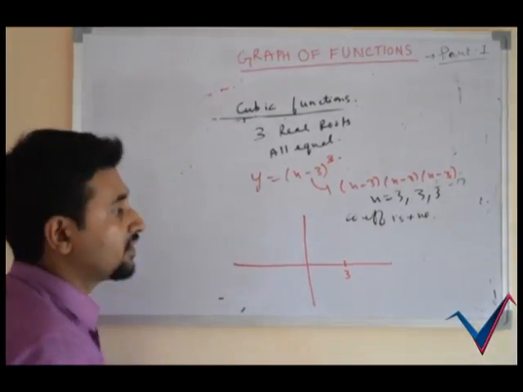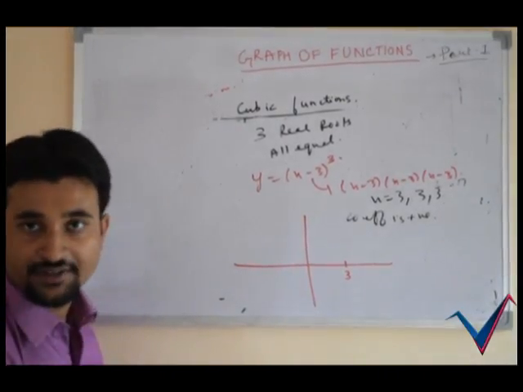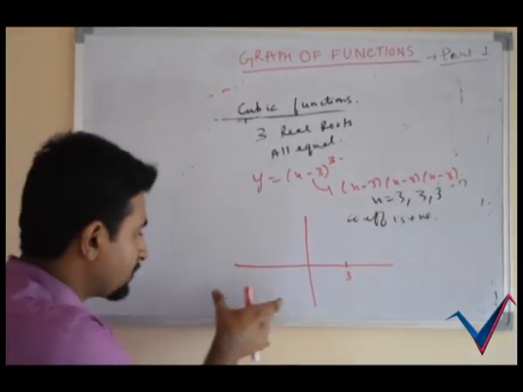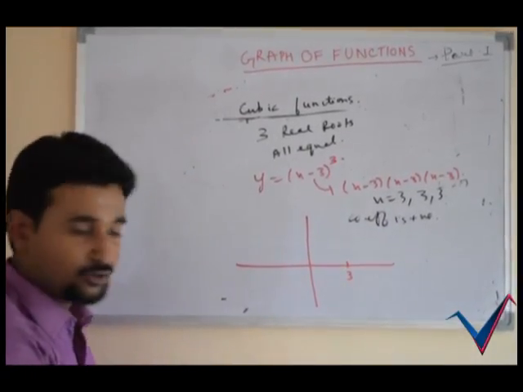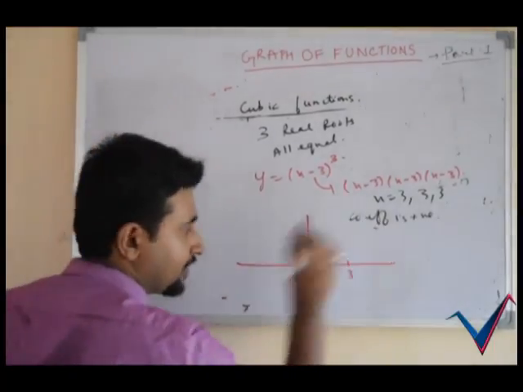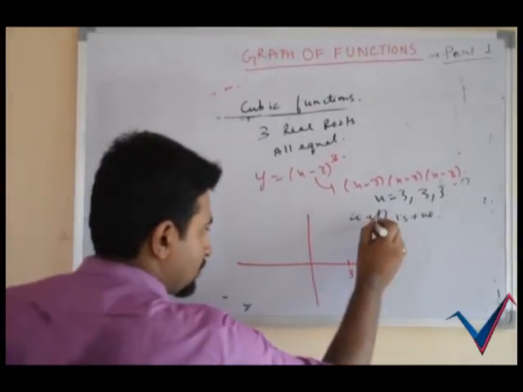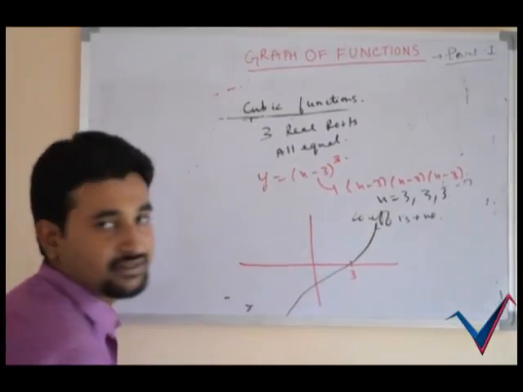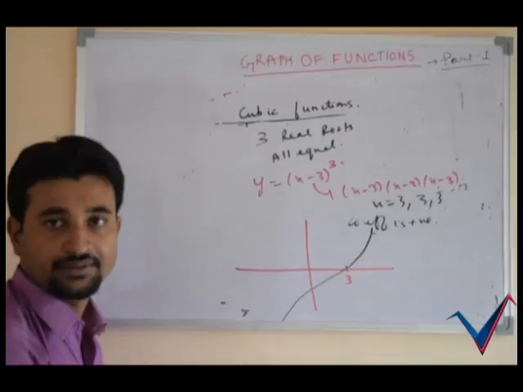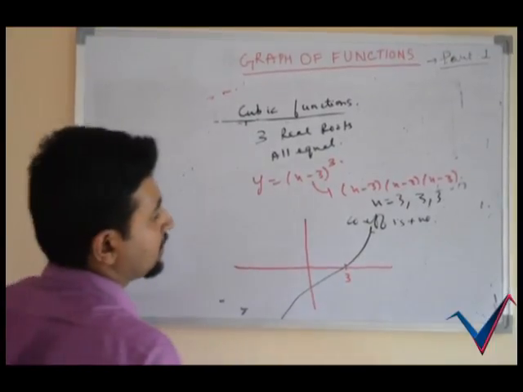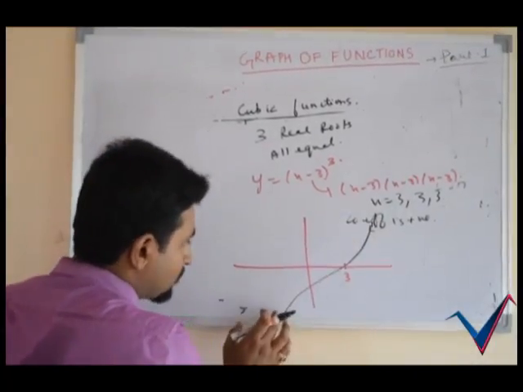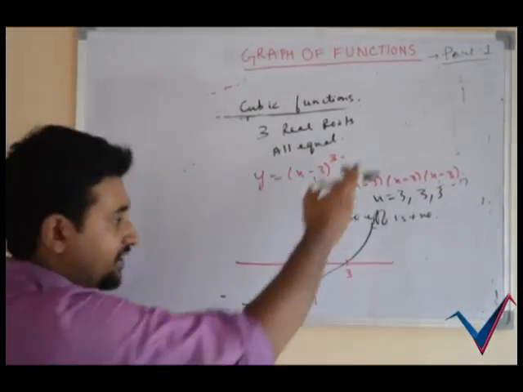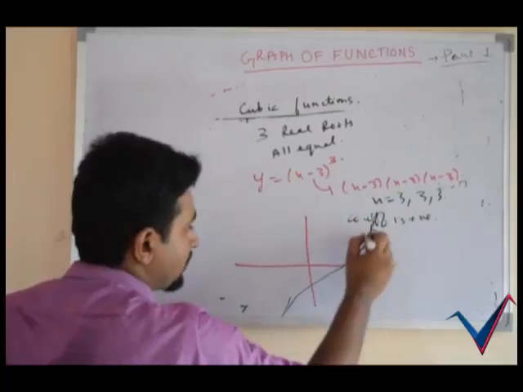Since the coefficient of x cube is positive, when x is infinity, y will be infinity, and when x is minus infinity, y will be minus infinity. So the two extreme points would be here and here somewhere. So the graph would simply go like this, because it has to cross here also and cross here also. So the graph can't curve actually. It will go in this manner only.